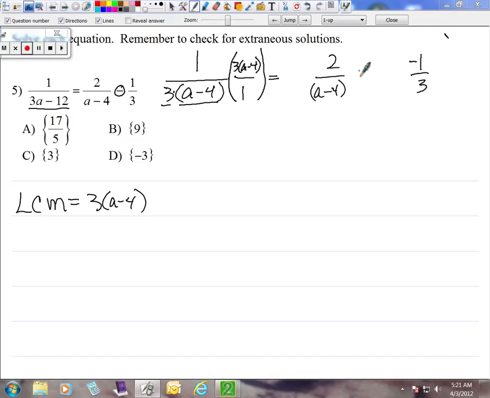We've got a plus, a negative. So here we're going to have 3 parentheses a minus 4 over 1 times that. And here we're going to have 3a minus 4 parentheses all over 1.